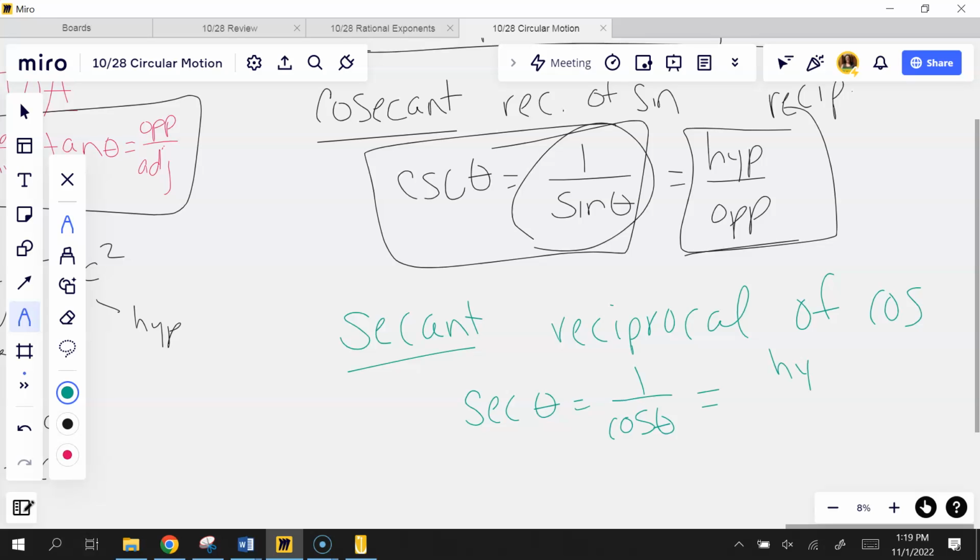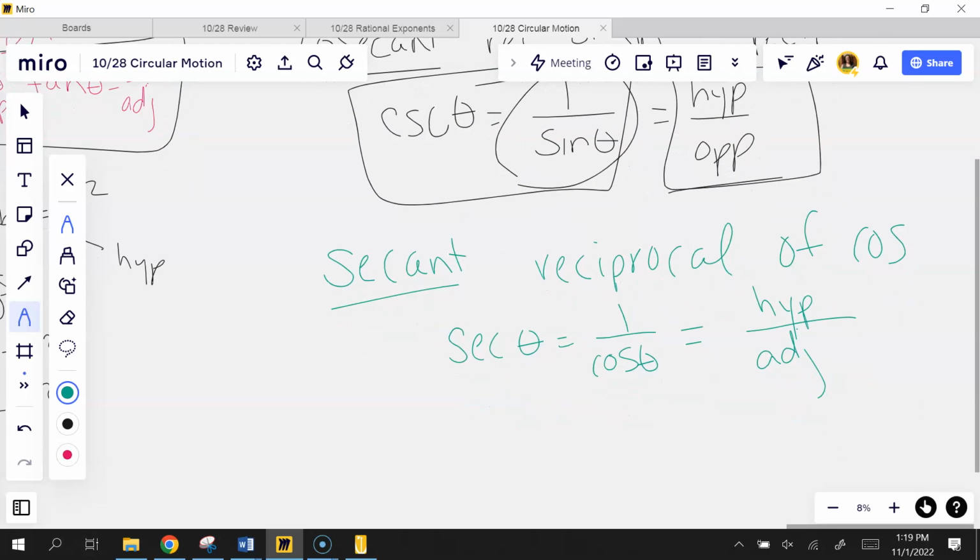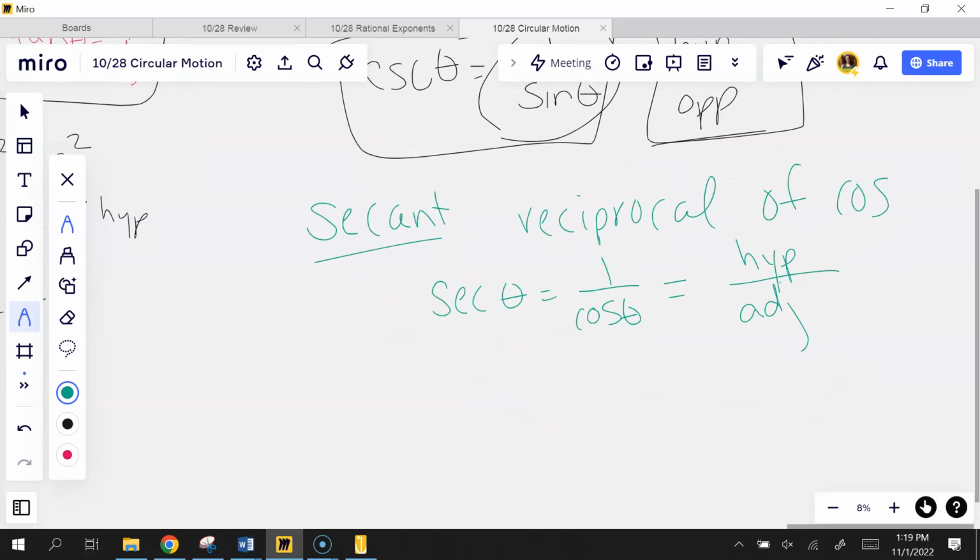Notice if you didn't spell SOHCAHTOA right in the very beginning, every single ratio you have is messed up. Secant theta is hypotenuse over adjacent. We're going to pull all this together in just a second, and I think it'll make a little more sense. Let's just finish filling it out, and then we'll put it together.